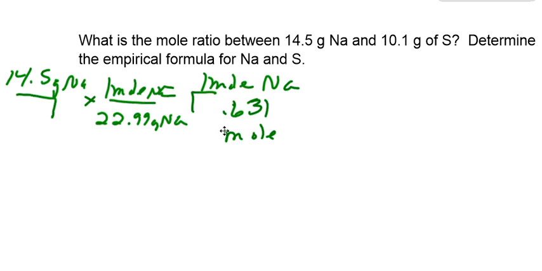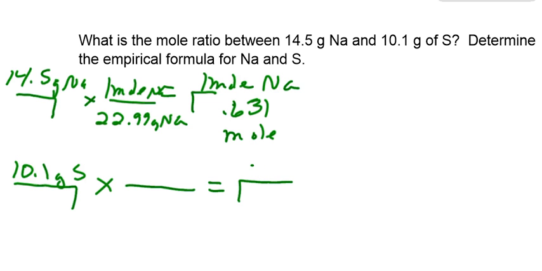All right, let's do likewise and convert our grams of sulfur into moles. So I have 10.1 grams of sulfur. And again, we know this will be a one-stepper because there were moles in the question. And we need to convert that to moles of sulfur.